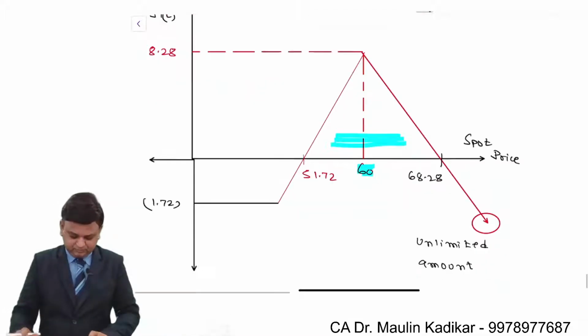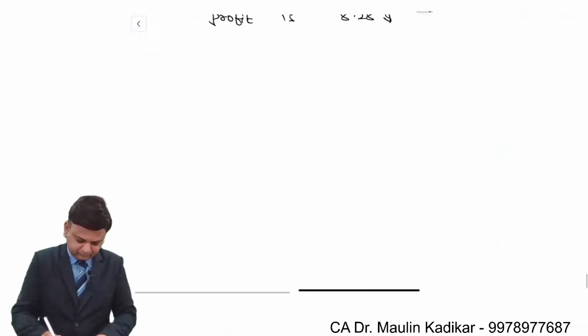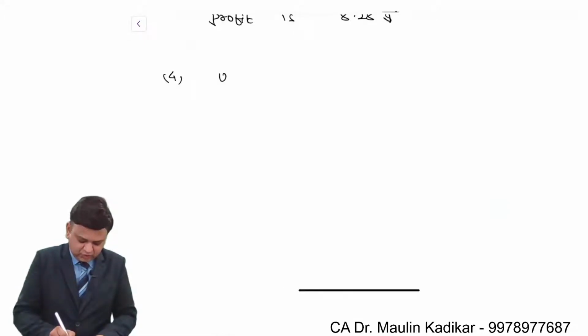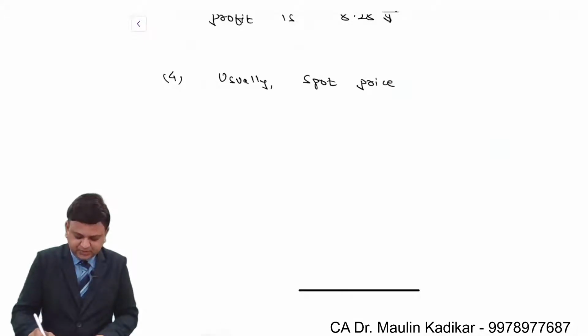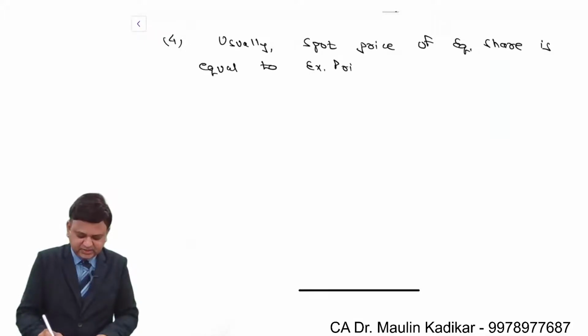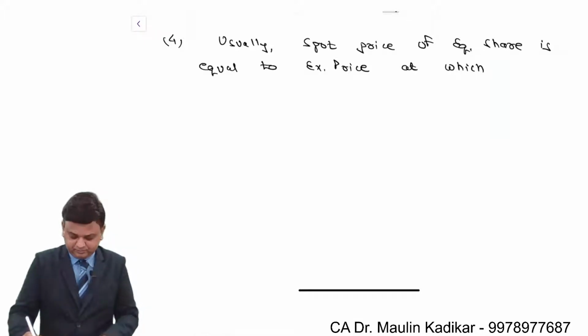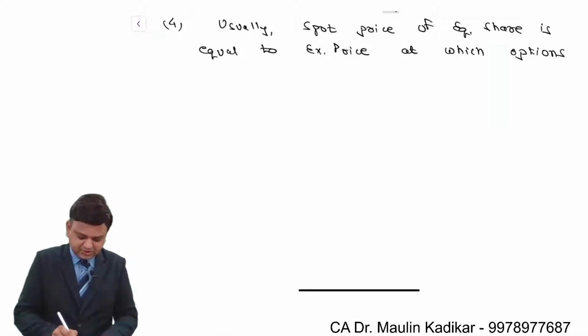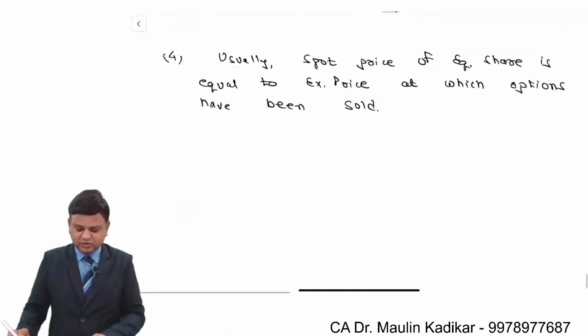Shall I write down the answer? Usually, spot price of equity share is equal to the exercise price at which options have been sold. Full stop.